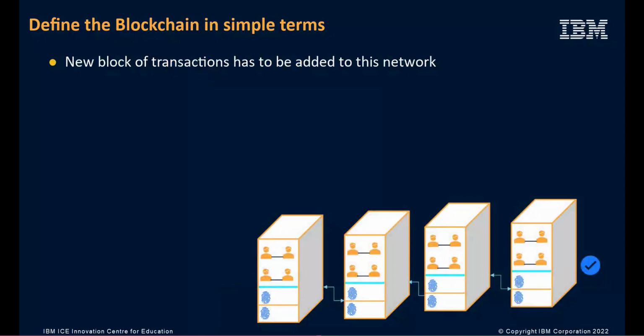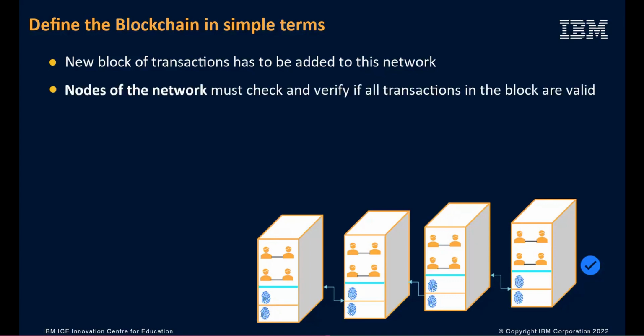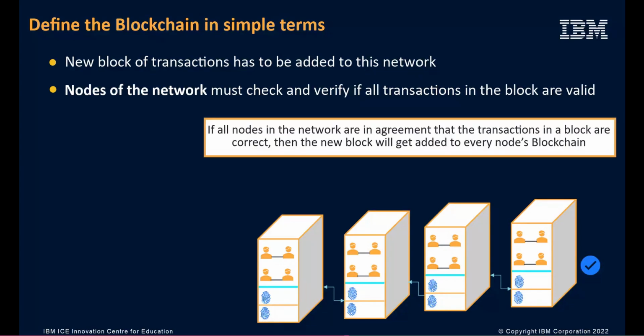Every time a new block of transactions has to be added to this network, all members or nodes of the network must check and verify if all transactions in the block are valid. If all nodes in the network are in agreement that the transactions in a block are correct, then the new block will get added to every node's blockchain.